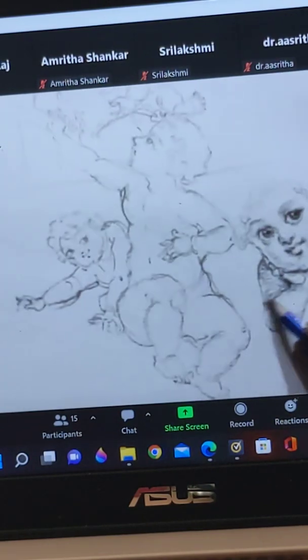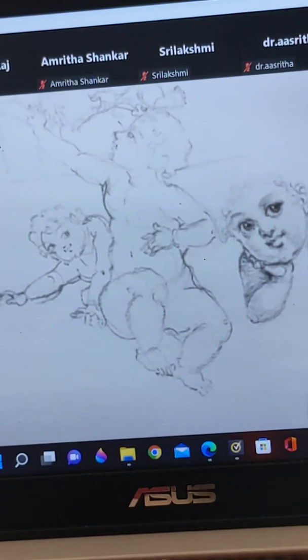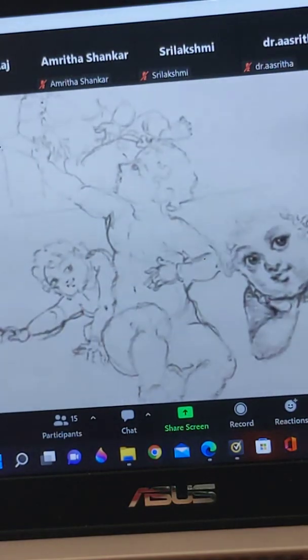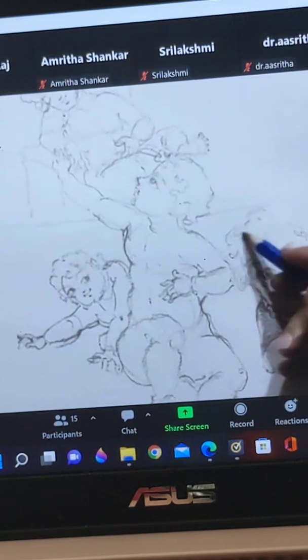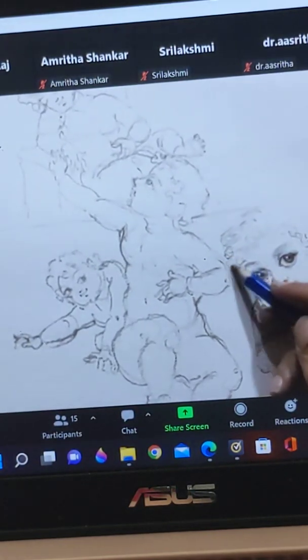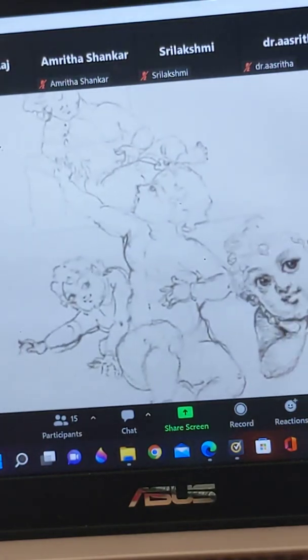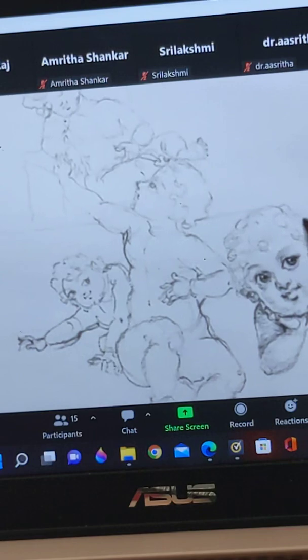Also, do these measurements vary according to the age of the baby and the kid? Slightly, when the baby grows, yes, slightly it will vary. Also, if the child is on a healthier side, they could be a little more chubby, or if they are a little more on a leaner side, the chubbiness will reduce a bit. Okay, thank you.